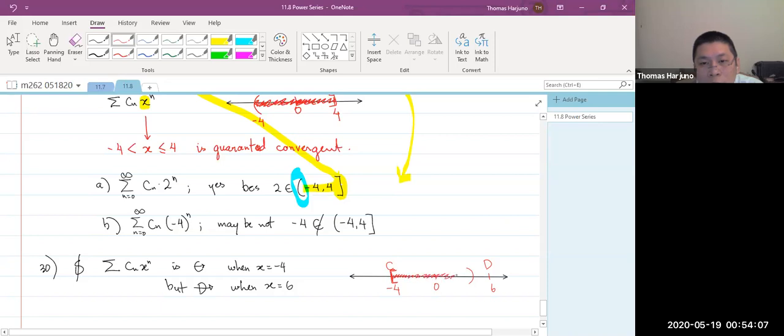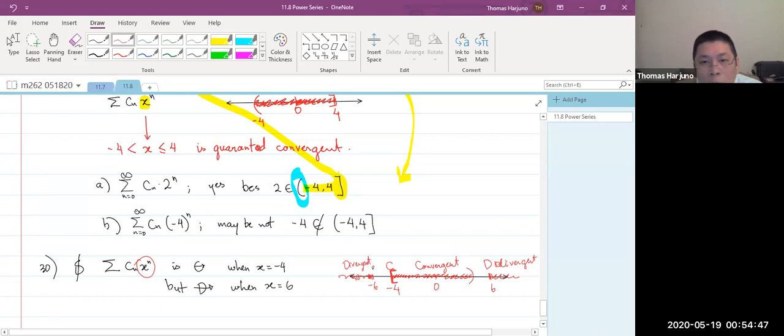This is surely convergent. You see, it's centered at 0, right? Now, because when x equals 6 it is divergent, everything beyond there will be divergent. And everything to the left of -6 is for sure also divergent.